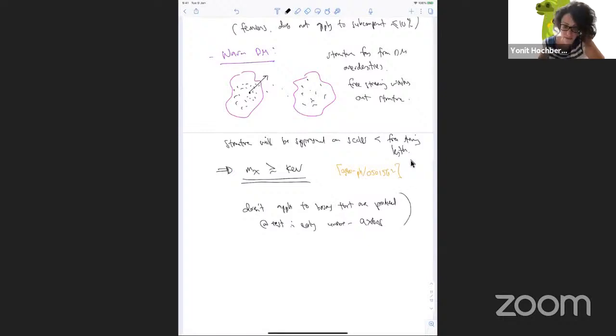It also doesn't apply, again, to subcomponents that are smaller than ballpark 10%. So these are three separate constraints for different reasons. They give us bounds in particular cases on what the minimal size of the dark matter mass should be.